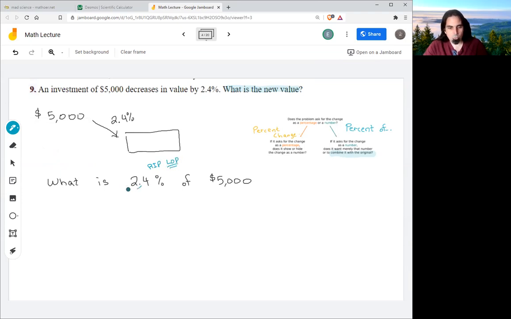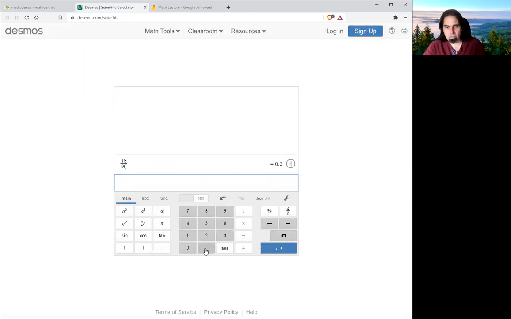We don't want it to be 2.4%. We want it to reveal that it's actually 0.024. What a tiny little thing. The of becomes multiply, and 5,000 just stays a number. So 0.024 times 5,000. And I get 1,200.